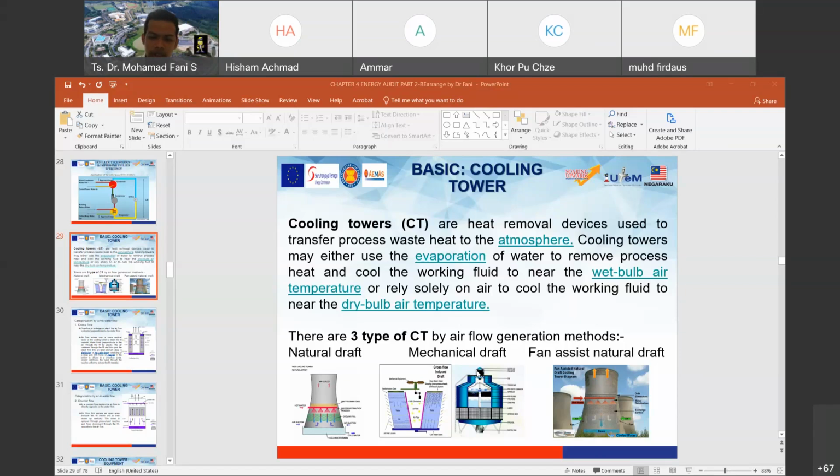Water flows from the top down to remove heat to the atmosphere. The other one is fan assist natural draft. This is used in bigger manufacturing related to heating processes, where they put a tower to release the heat to the atmosphere.